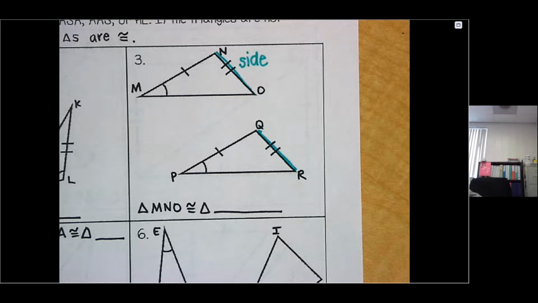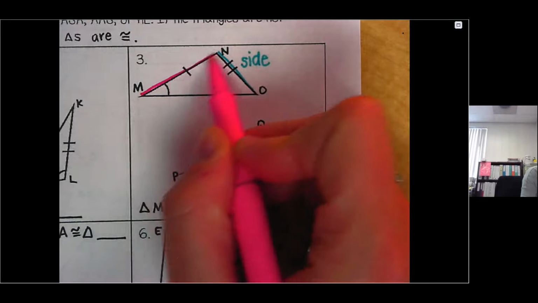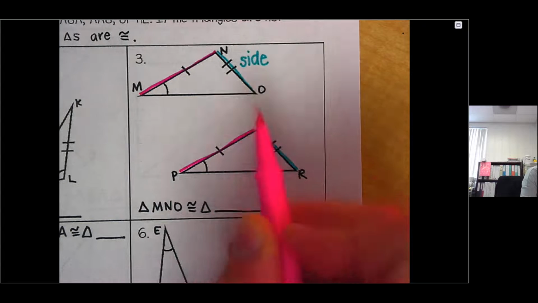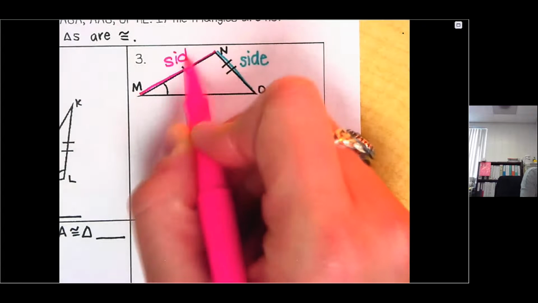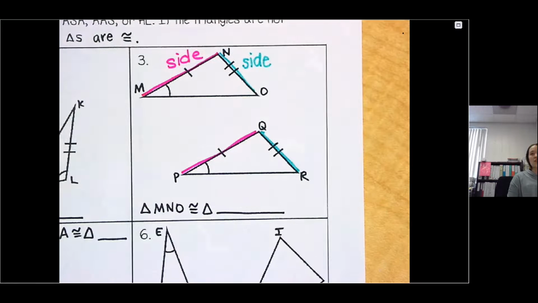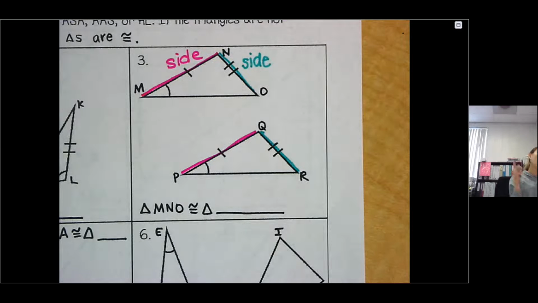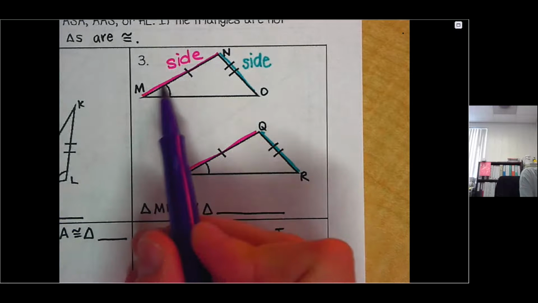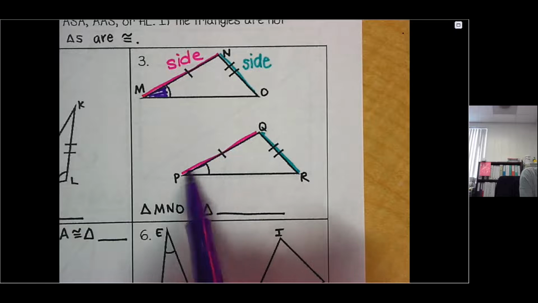Okay, who can give me something else that is congruent in this picture? Q and P and N and M. Good. That's another side length right over here. Okay. One last piece of information is given to you. Angle M and angle P. Good. Okay.